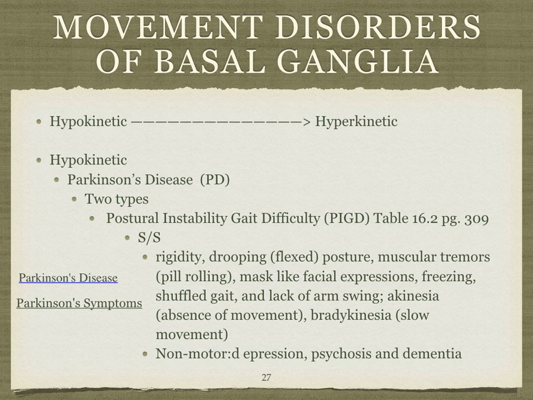So movement disorders. Essentially, we have this continuum of hypokinetic and hyperkinetic. Hypokinetic is when we're going to see our condition we're familiar with, which is Parkinson's. And Parkinson's is a very debilitating hypokinetic basal ganglia condition.